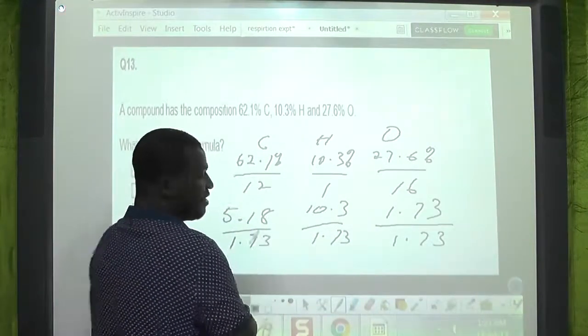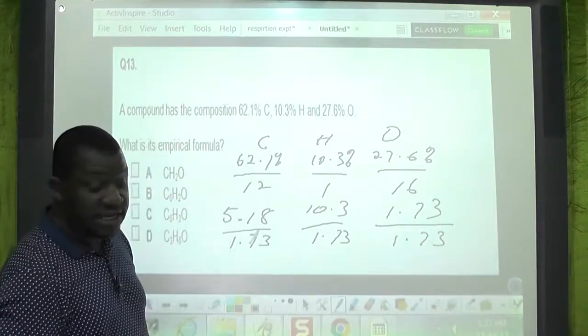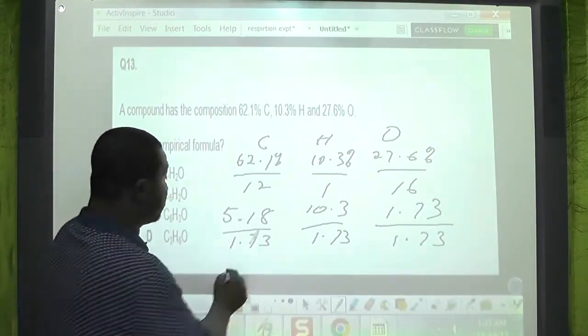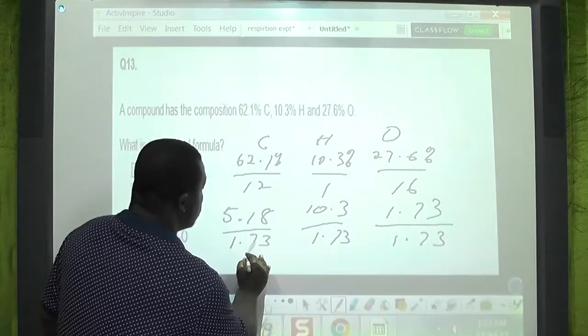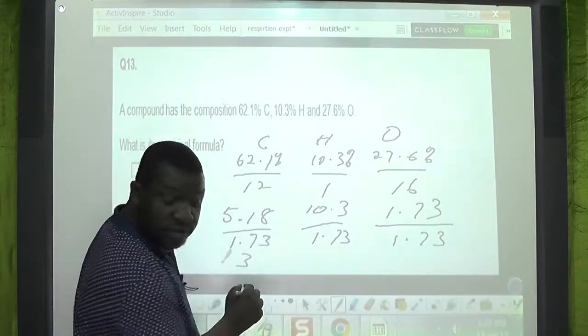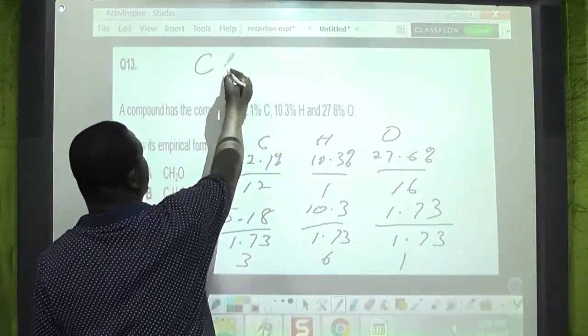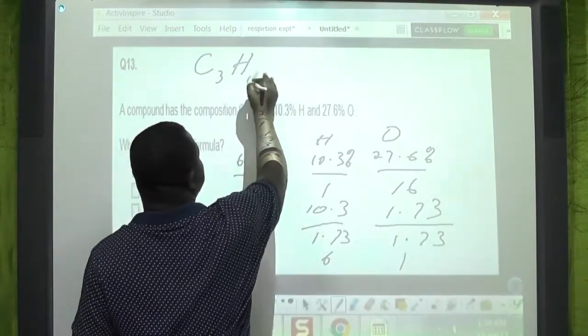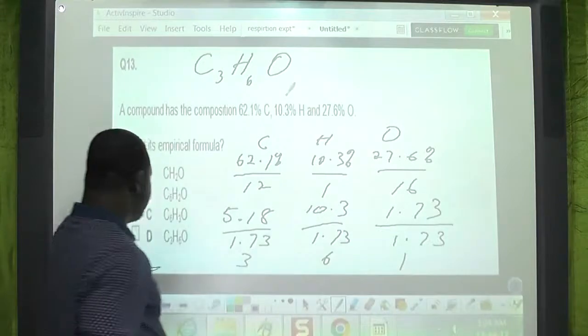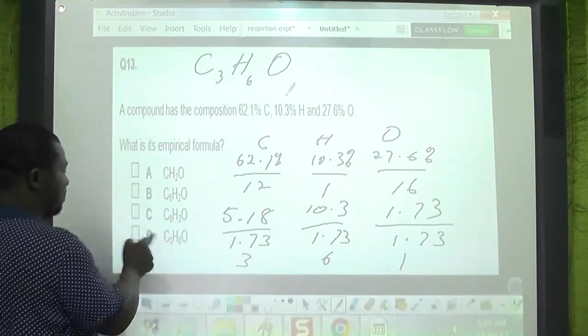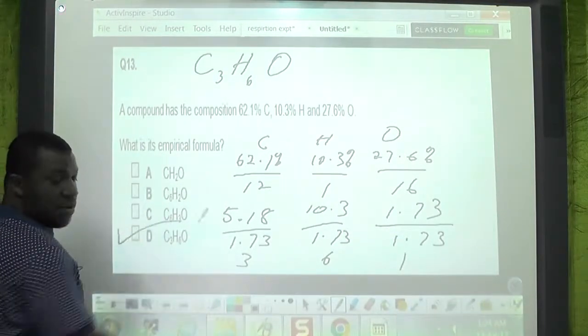They cannot just give you directly like this from IGCSE. It's so easy, we gave you direct, that's a bonus one. So 3, 6, 1, which is C3, H6O. You don't need to put 1. C3H6O is our answer.